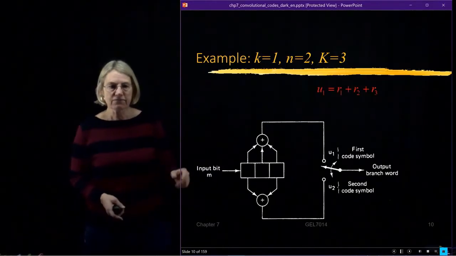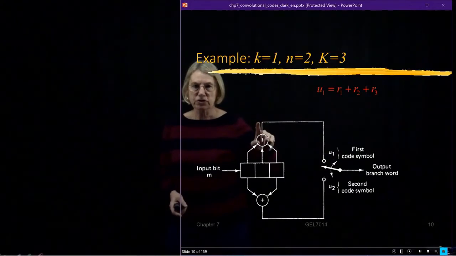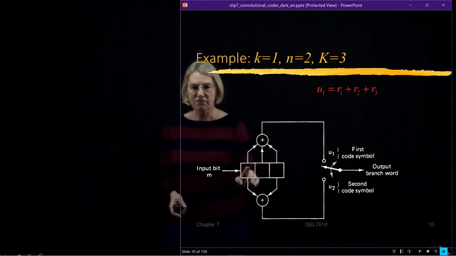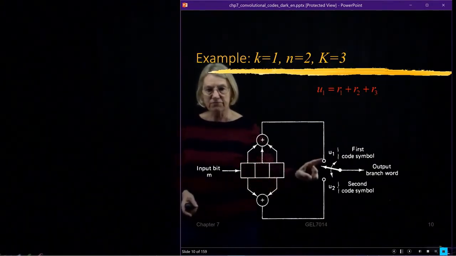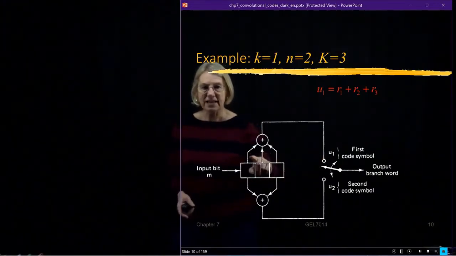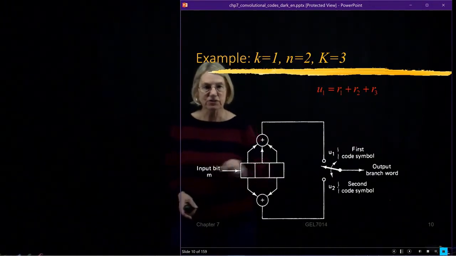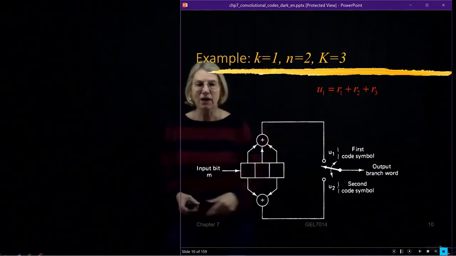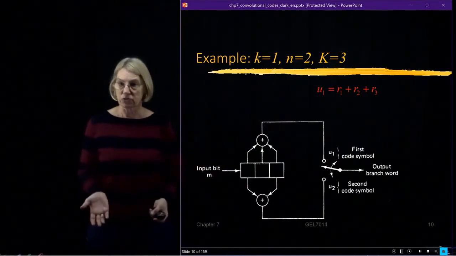So we can see the first code word, so this is U1. How am I going to get the first code word? Well, it's going to be a function of the registers. So imagine that this is register 1, register 2, and register 3. How do I generate the first bit of the code word? I would take the sum, modulo 2, of these binary elements in the shift registers. So if I wrote that as an equation, I would write it as the sum of register 1 plus register 2 plus register 3.